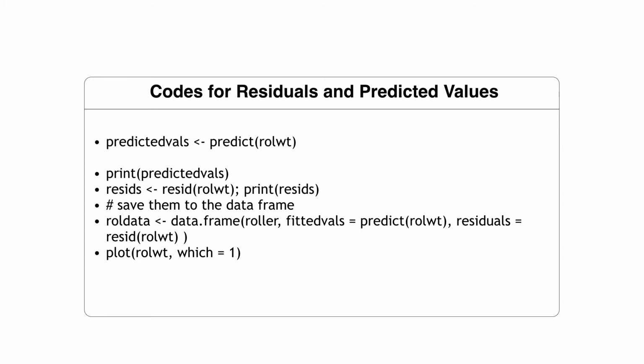What you can then do is start plotting the summary. Here is something that is very important. Look at the code which says plot, then we have opened and closed the parenthesis. We put the name of the object, which is roll weight in this case, and we have included an option, which is referred to as which equals 1. It needs a little bit of an explanation and handholding.